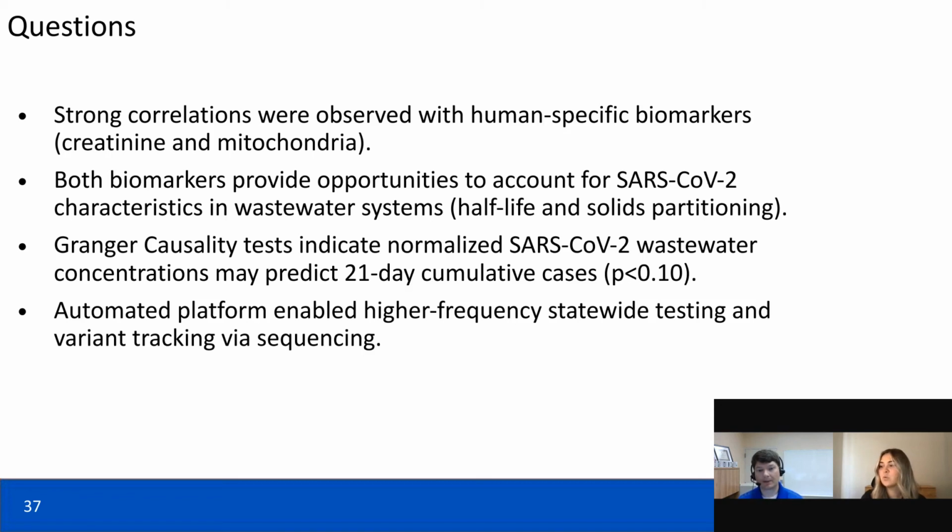Another question here: what type of analyzer are you using? I'm sorry, could you repeat the question? Yes, what type of analyzer are you using? So this is a multi-layered question. I think it depends on which specific aspect of the testing you're asking about.